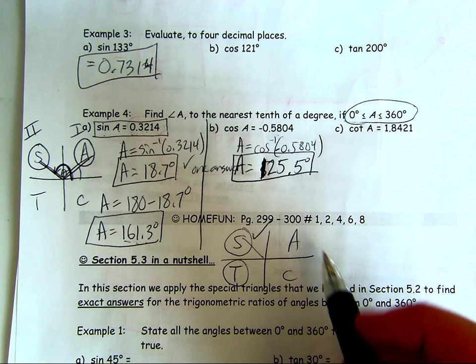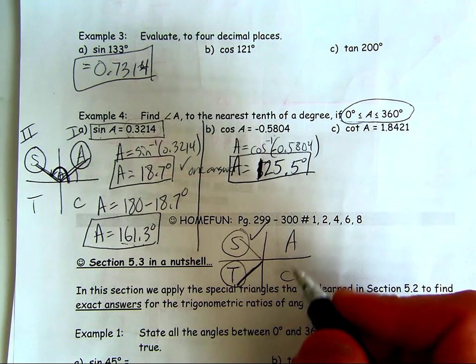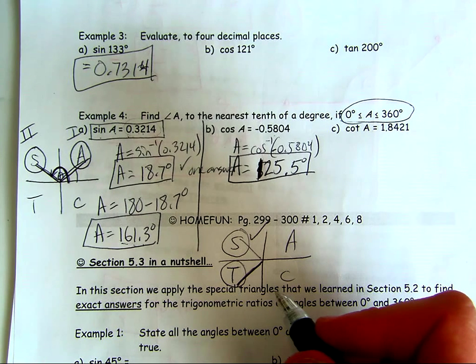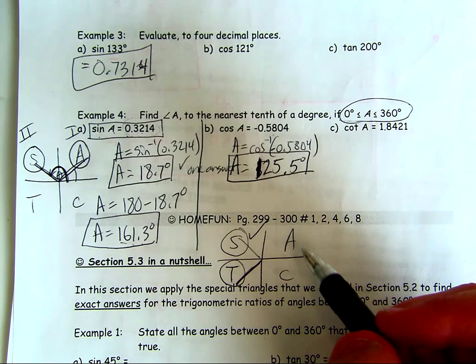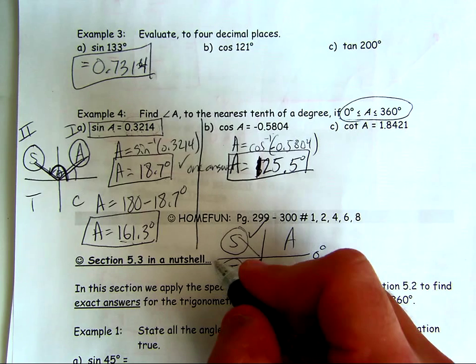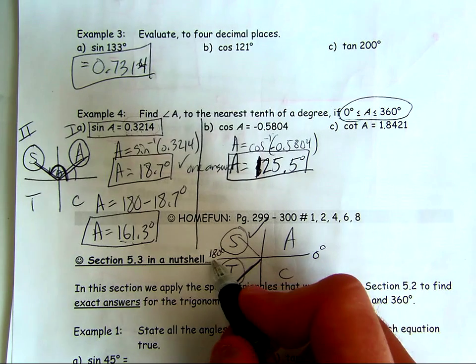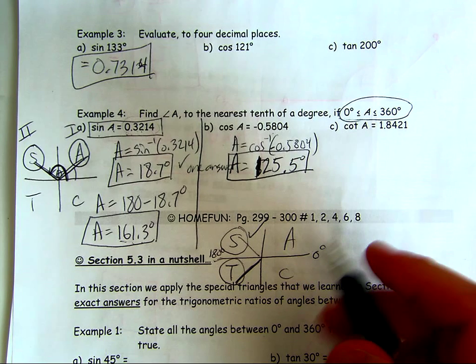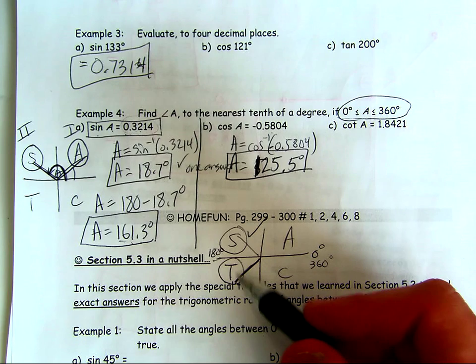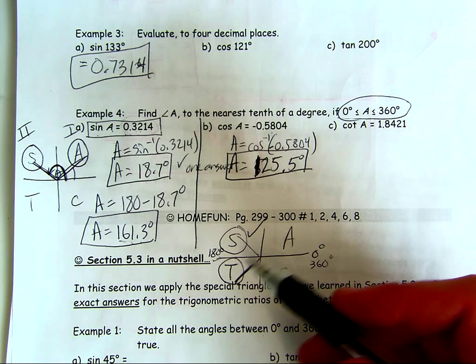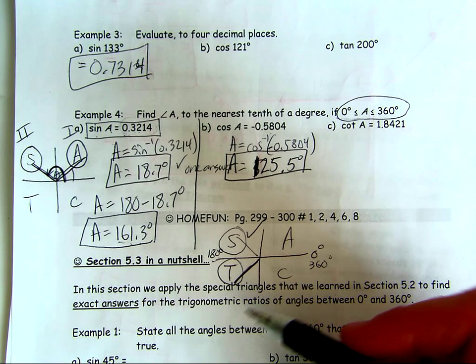Now, how do I find the answer in this quadrant? Now, in order to find out answers, you always have to talk about from the x-axis. The x-axis is 0 degrees, 180 degrees on this part of the x-axis, or 360. Always. Why? Because we always draw these triangles straight to the x-axis, so we're always going to relate these things to the x-axis.